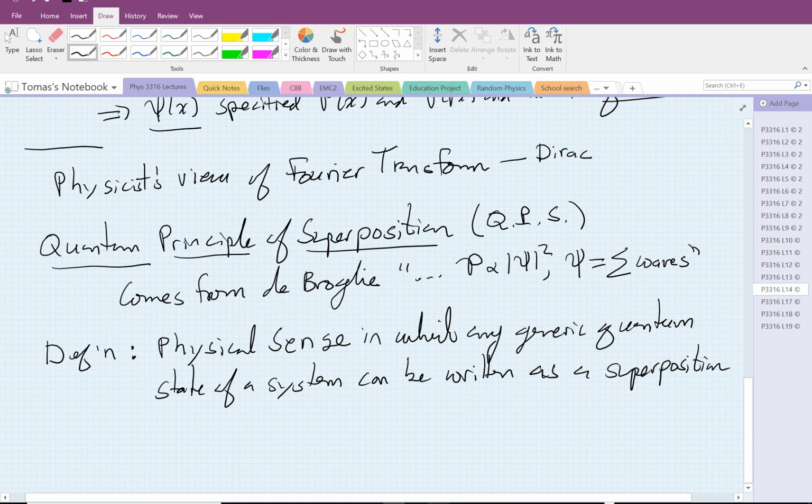Actually, I don't want to phrase it as superposition. It's the same idea as a superposition, and I'll write it as a superposition mathematically later.